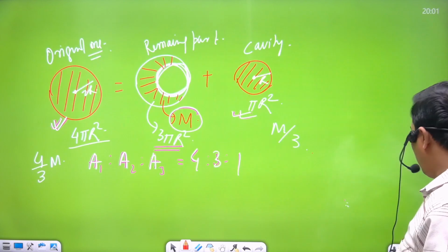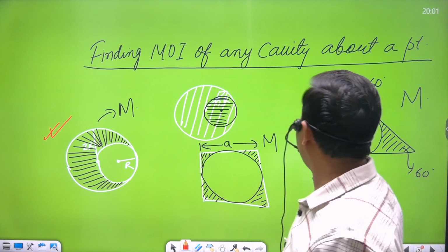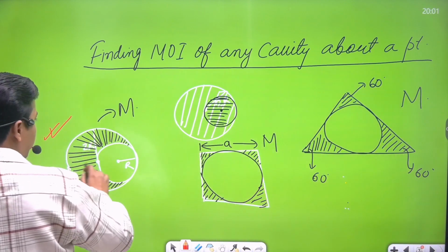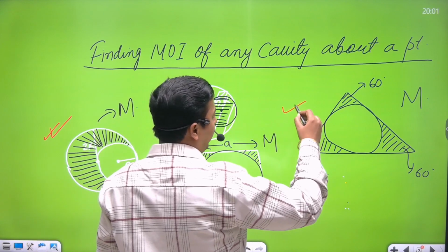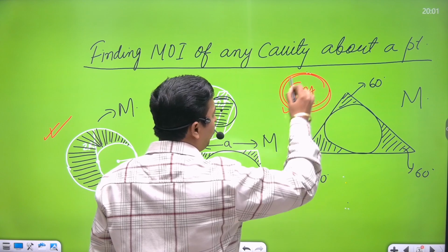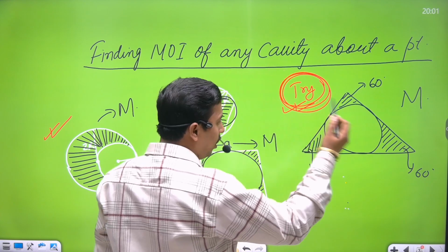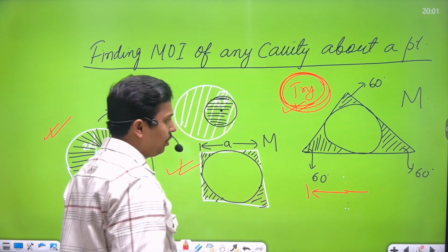So this was the whole technique and concept of how to solve this type of problem. I have done this problem, and this problem also. Similarly, you can try this question and show it to me whenever I come to school and teach you in the class.